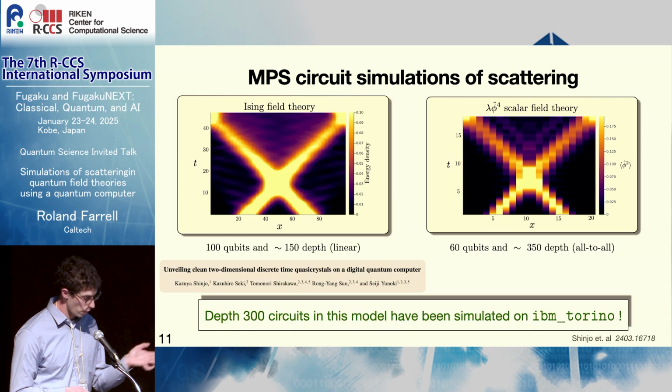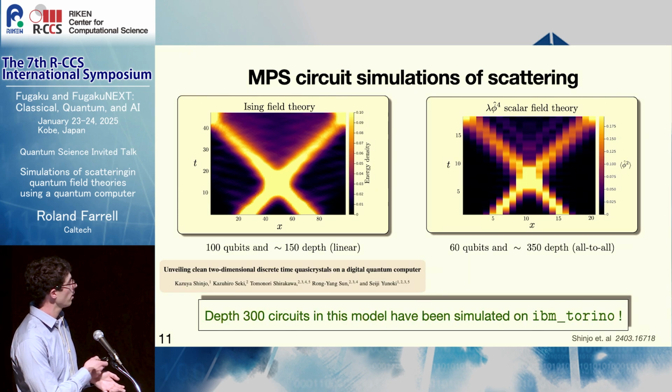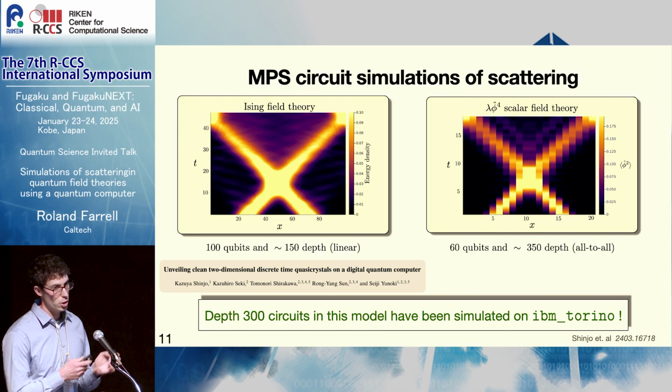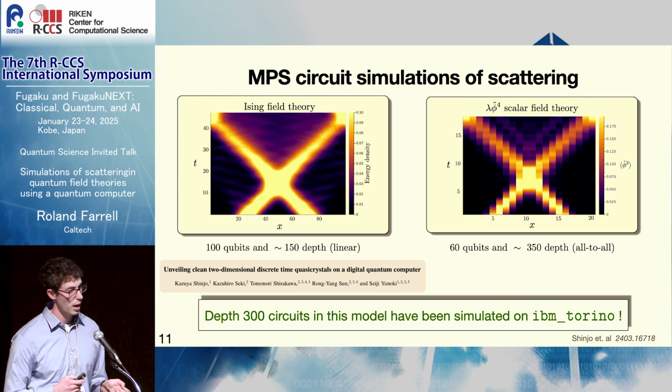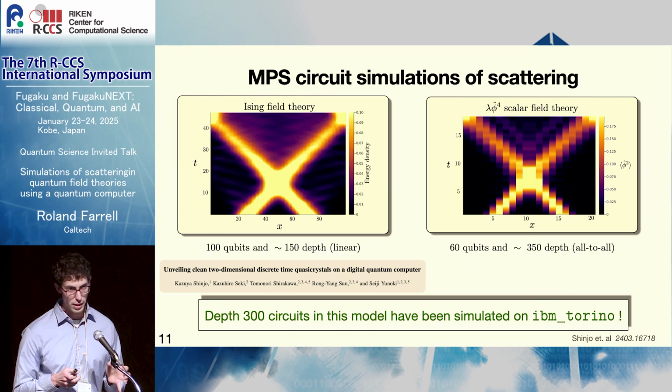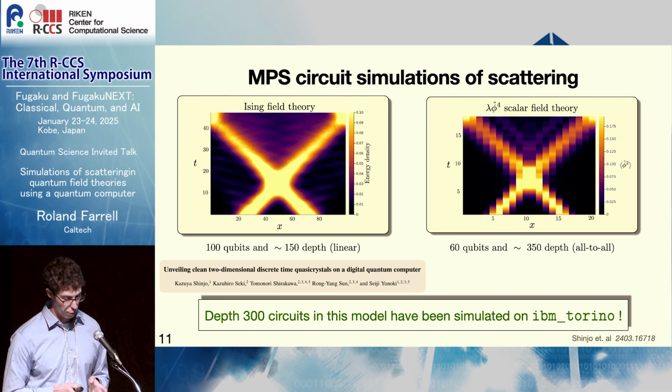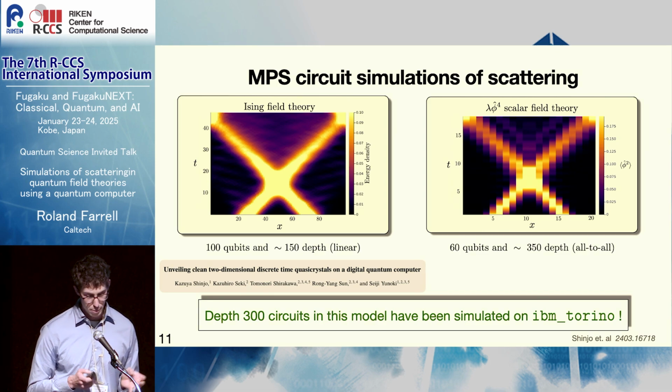What's very encouraging is that there's been work here at RIKEN in exactly this same model, the tilted field Ising model. In their case, they were looking at discrete time crystals, but they were able to simulate depths of 300 on IBM Torino.